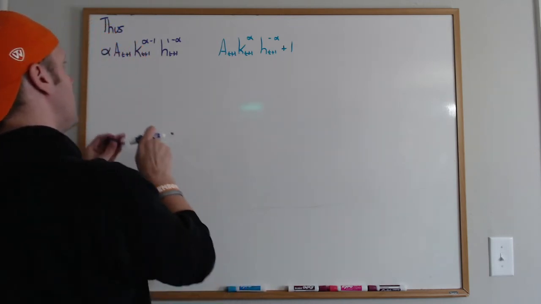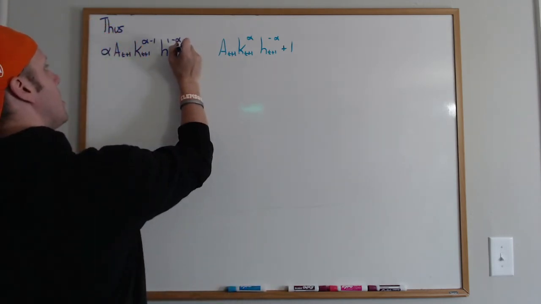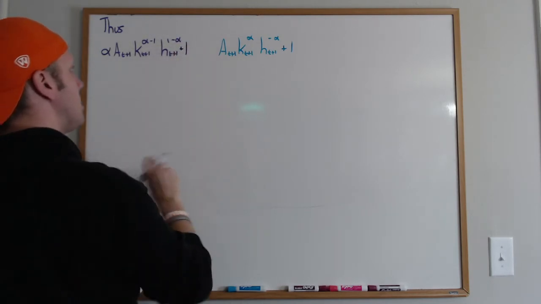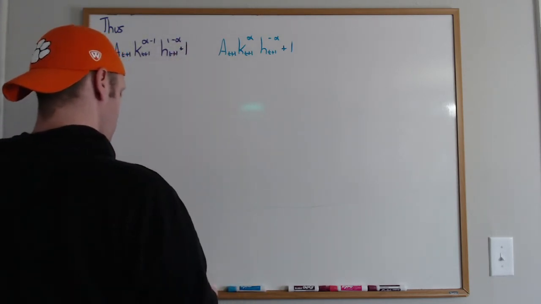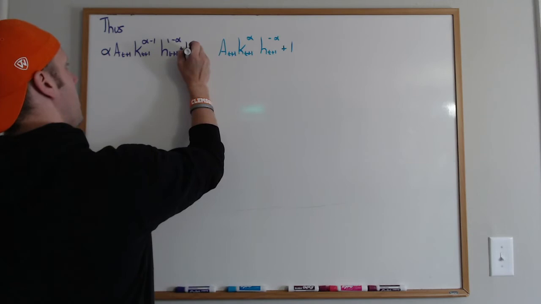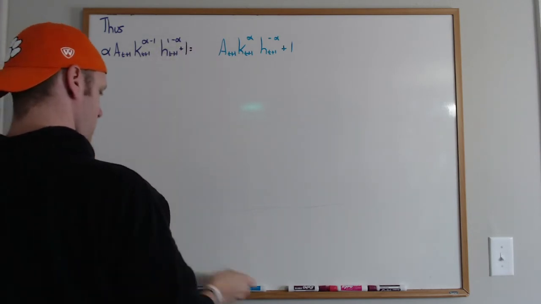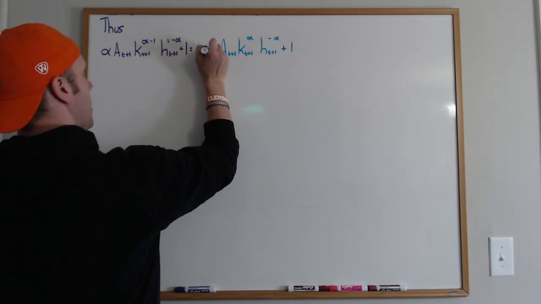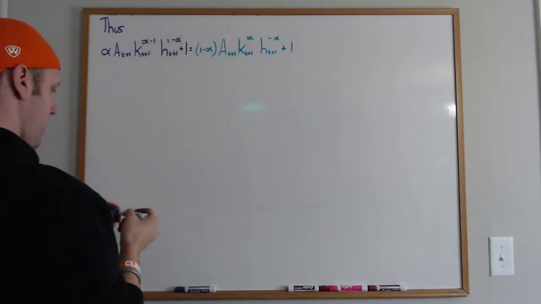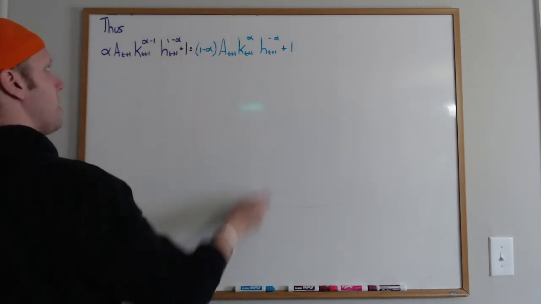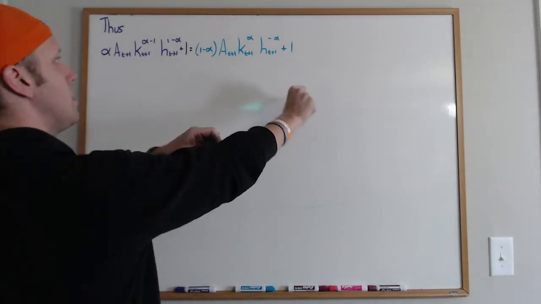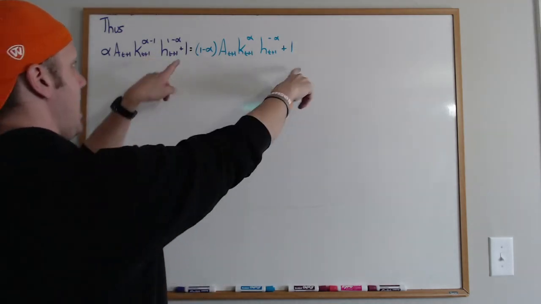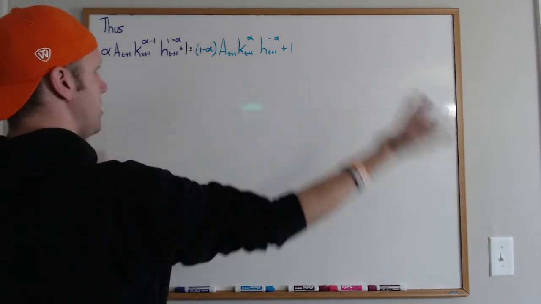I feel like it would be kind of not good if I didn't explain the step that I skipped, even though it's a minor one. So it really gives me this, right? But if I subtract 1 from both sides, you can add anything you want to either of these, and the equation's still going to be the same.